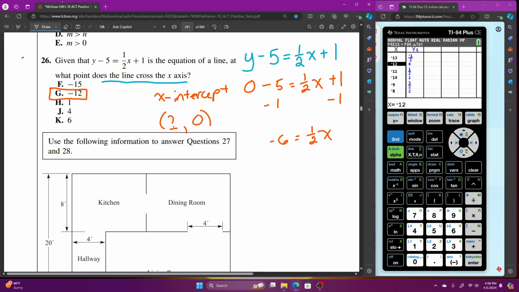What's the opposite of half of something? Multiply it by 2. Whatever you do on one side of the equal, you have to do on the other side. That's going to make your half times 2 cancel out to give you x-intercept equals 2 times -6, -12. Either way, by using the calculator or doing the math by hand, we got the same answer.